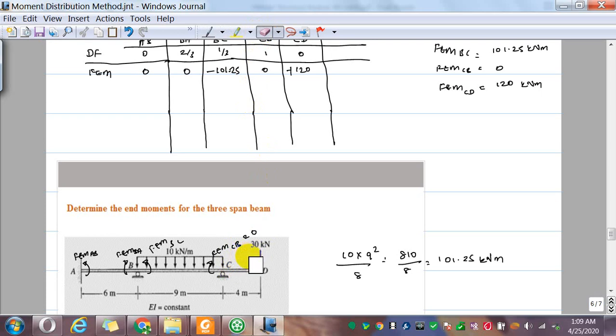Because the load is acting, it tends to move, it tends to deform, and this is a resistance in fixed end moments. So here also the 30 tends to move this down, so there is a resistance that is counterclockwise, minus 120.